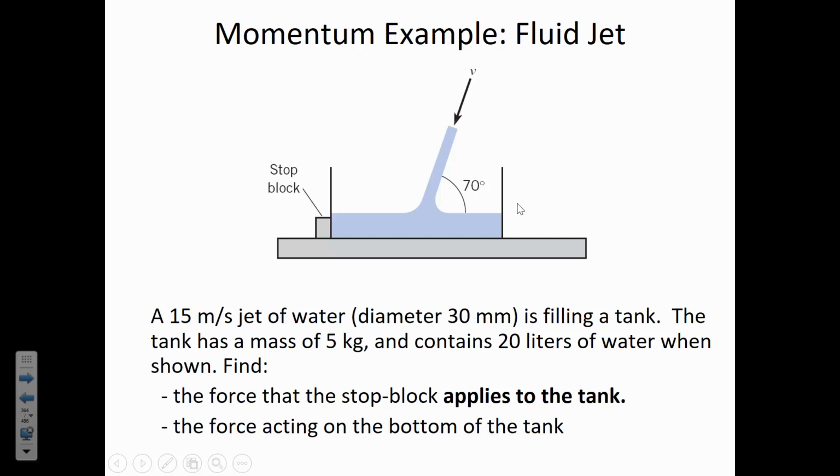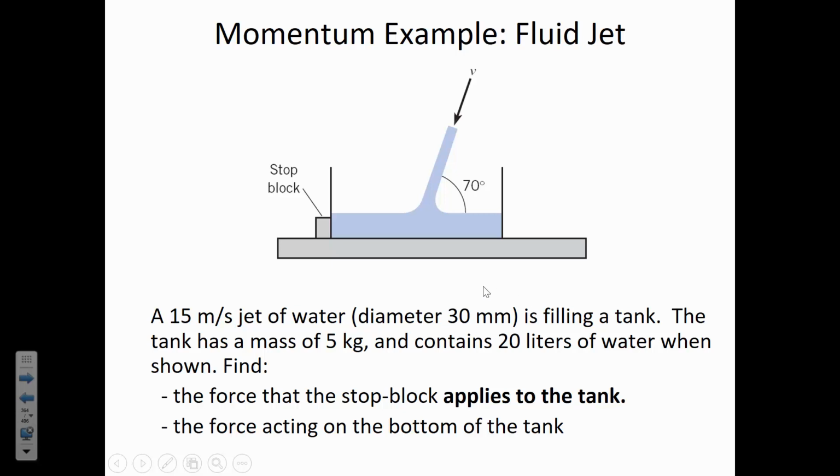And then the second part, where we're working in the y direction, we're going to want to find out the force that's acting on the bottom of the tank by the greased ice or whatever it is that the tank is resting on. Okay, so the characteristics of the jet that we have defined is the velocity of the jet, its fluid properties, since it's water, that tells us the density of the liquid.